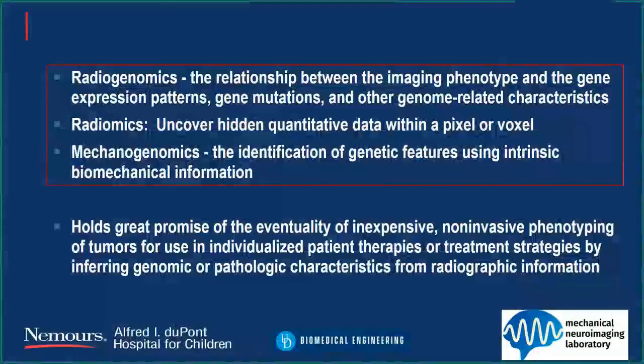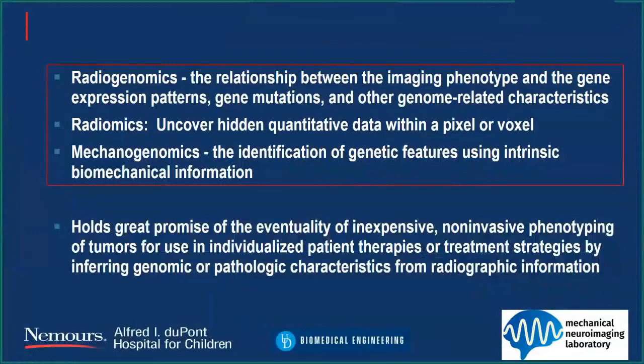For example, if the tumor is in the lateral cerebellar hemisphere, it is suggestive of the sonic hedgehog subgroup of medulloblastoma. Radiomics takes this whole idea one step further, and it aids in uncovering hidden quantitative data within a pixel or voxel and further correlating this data with other patient-specific biomarkers.